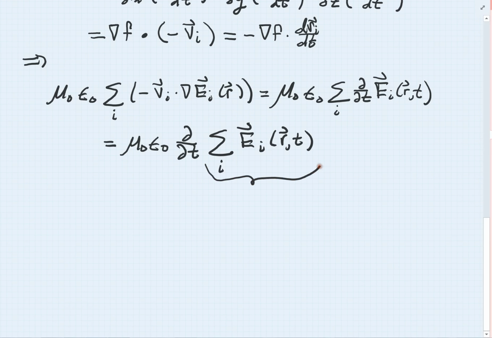That then is just the total electric field in the system. So now we have something that looks very much like a fundamental equation. This extra term was mu naught epsilon naught times simply the partial time derivative of the electric field at a given location and time t.